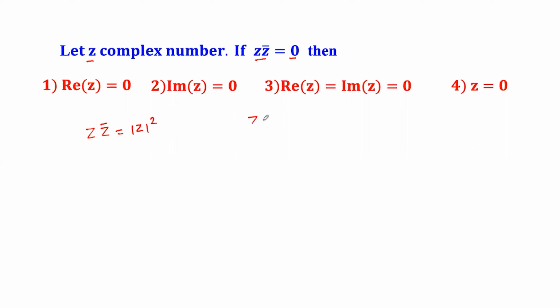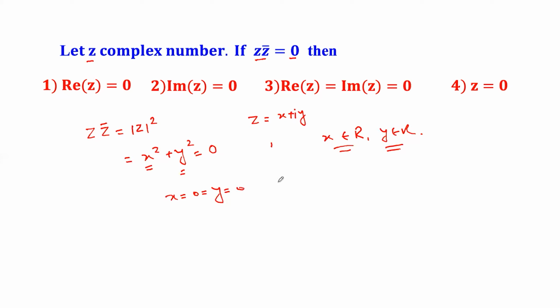And if Z is x plus iy, then mod Z square will be x square plus y square, where x and y are real, and this is given as 0. Since x and y are both real, x square plus y square equal to 0 is possible only if x is equal to 0 and y is equal to 0.